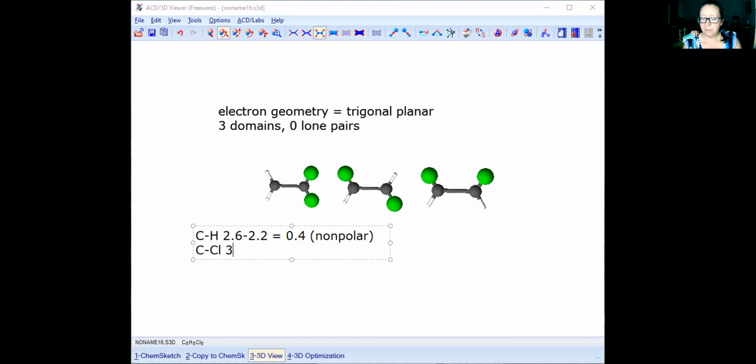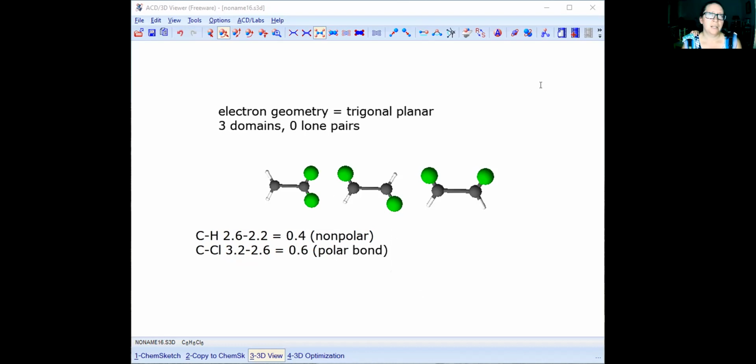Looking at the electronegativity of chlorine and the electronegativity of carbon, that gives us an electronegativity difference of 0.6. And that would give us a polar bond. Now, just because the molecule has polar bonds doesn't mean that the molecule is polar. We have to look at the shape.